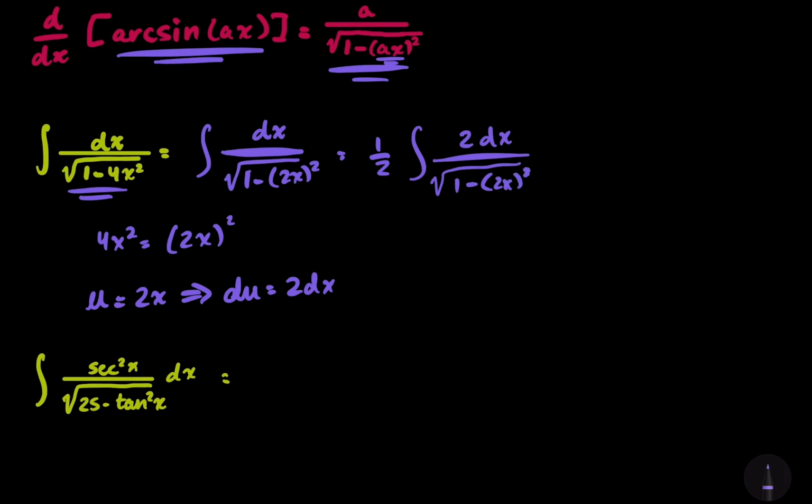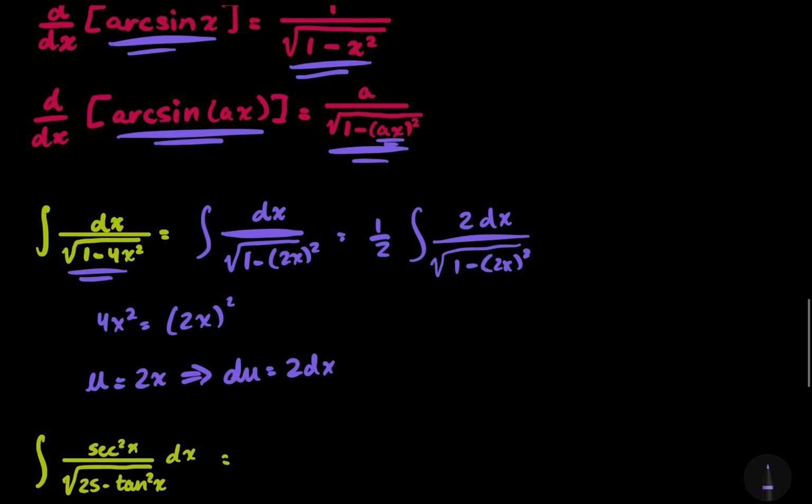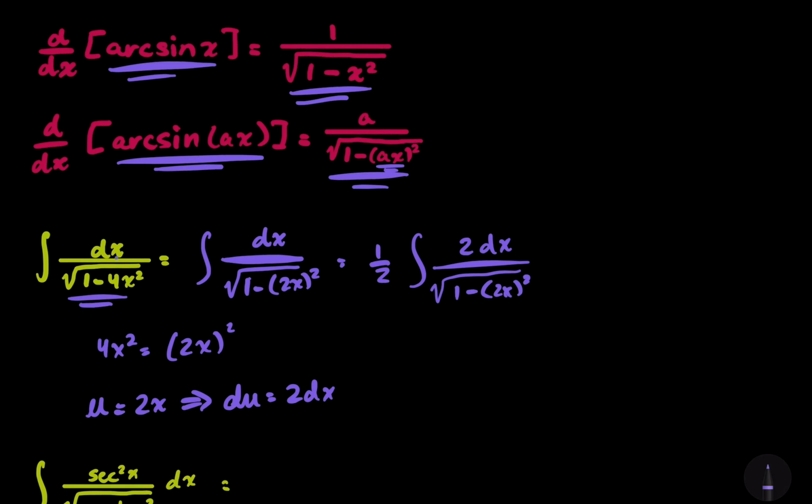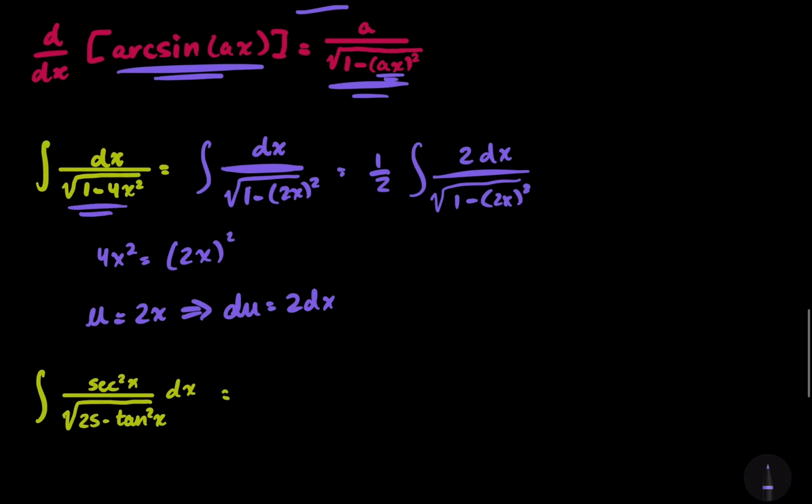The reason we're doing this is we want to simplify it as much as possible, because we can take this integral and get it in the form of 1 over the square root of 1 minus something squared, 1 minus u squared in this case. Now that we've done this manipulation, we have a 1/2 on the outside. We have the 2dx here, which is equal to du.